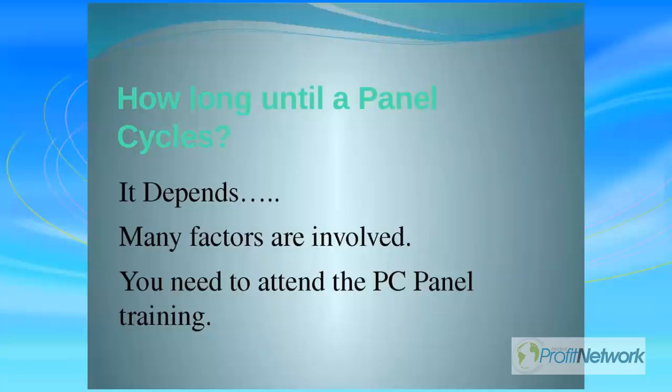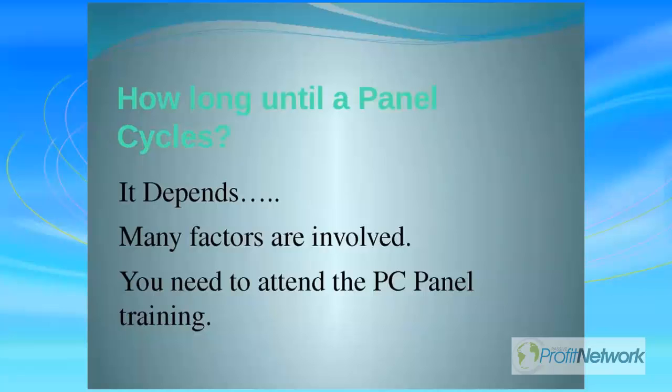There are many factors involved, and once they have the PC panel training up and running, you definitely need to attend it because there's a ton of information in regards to the PC panel portion of Profit Clicking. Remember, this is your business, so you want to get in, get your hands dirty and start learning the program, because the more you learn, the more money you're going to make, and that's honestly a true statement.